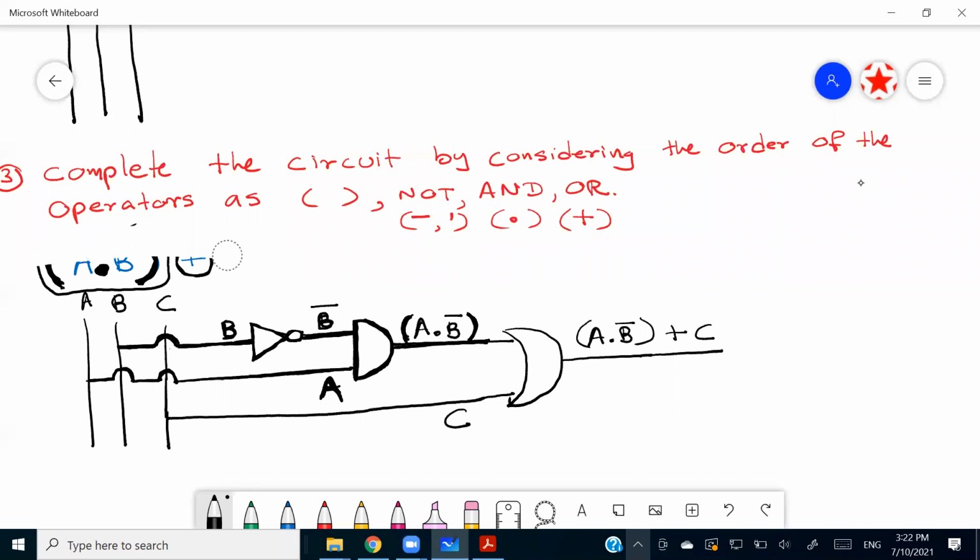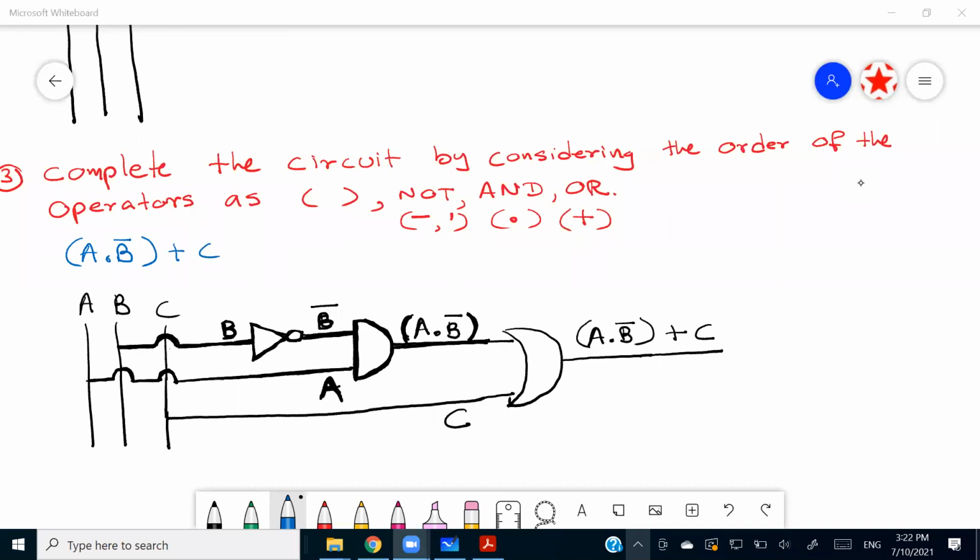I'm cleaning this over here. Right, I'll write the expression just for reference. Let's go from the beginning.